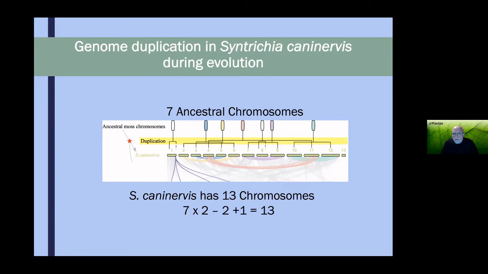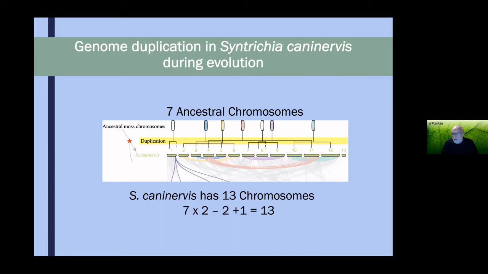And there has been some chromosome loss. So chromosome 1, we only see one copy of that, and that's true of chromosome 8. So we've lost 2 once we duplicated it. So you went from 7 times 2 to 14, and we ended up losing 2.